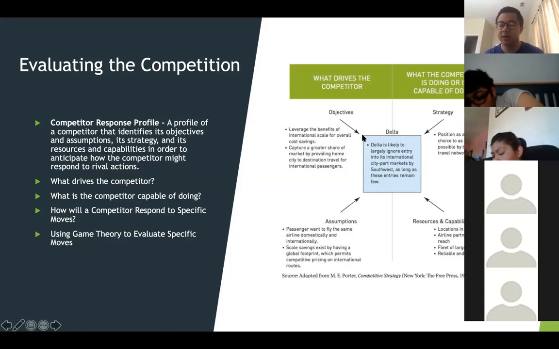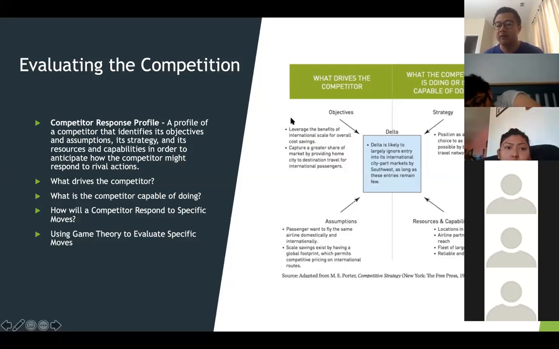Delta didn't worry, because they can achieve economies of scale in international and domestic flights, so they don't worry about a competitor stepping into these flights, because they have already achieved the scale.